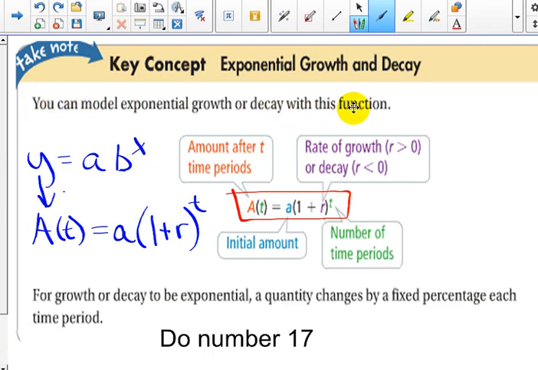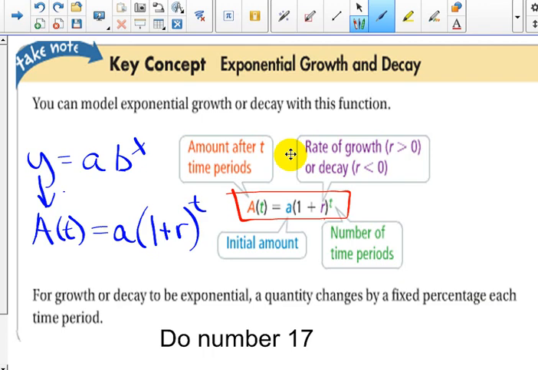Now it says you can model an exponential growth or decay with this function. So here's the big problem right here in the middle, and I wrote it a little bigger in blue right there. It's capital A of t equals lowercase a times 1 plus r, there's the thing we were just working with, the growth or decay, to the t power. Now, I want you to fill in these blanks on 17.